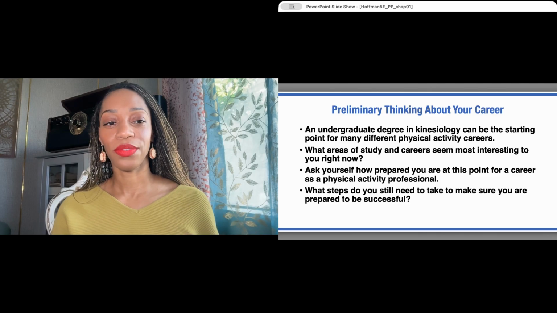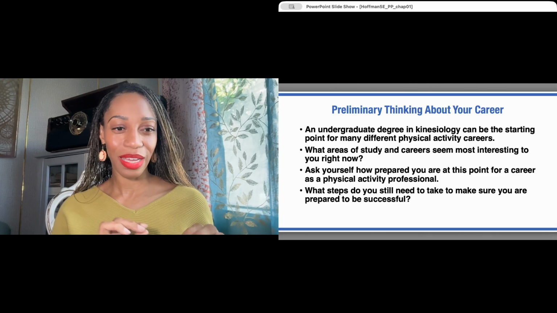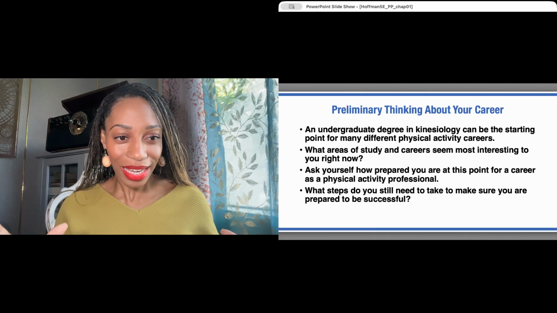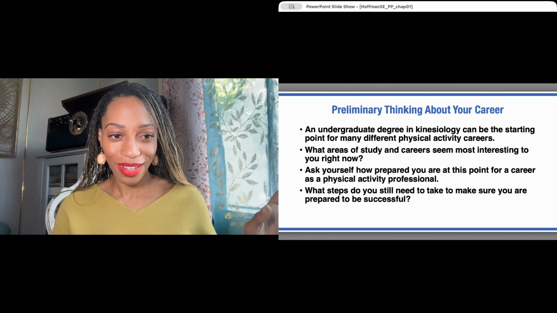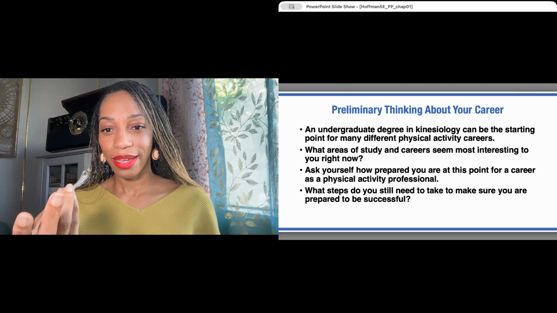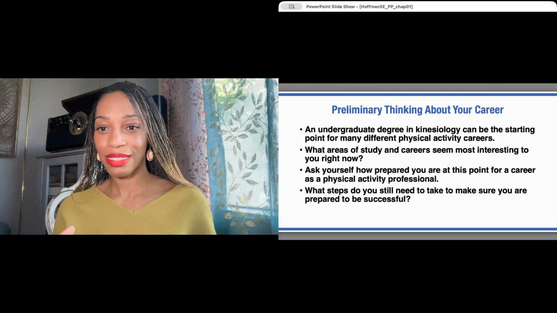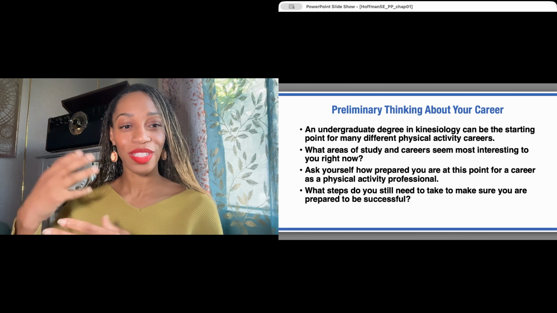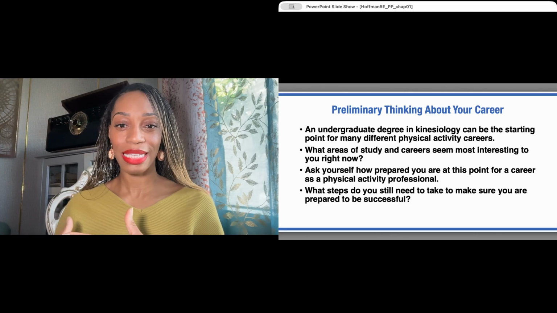And as you think about your career, because some people come in already thinking they know what they want to do, and that's great. We're not saying change your career. I'm saying think about what you really want to do and how that aligns with your current knowledge as well. And then also, does it align with your strengths or your weaknesses?